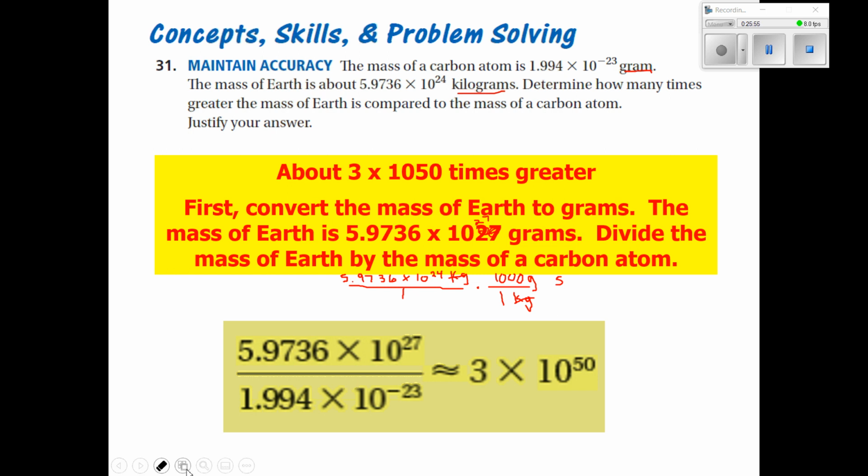There we go. This would be 5, 9, 7, 3, 6. The decimal is now going to be 1, 2, 3 there, right? Since we multiplied it by 1,000. And now this was times 10 to the 24.